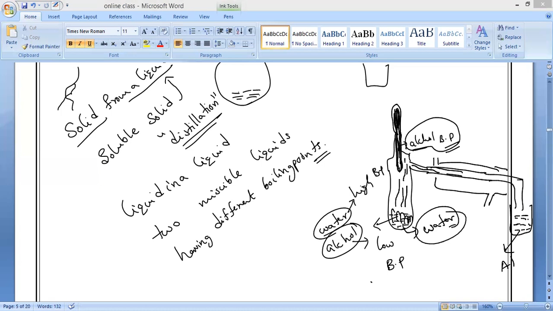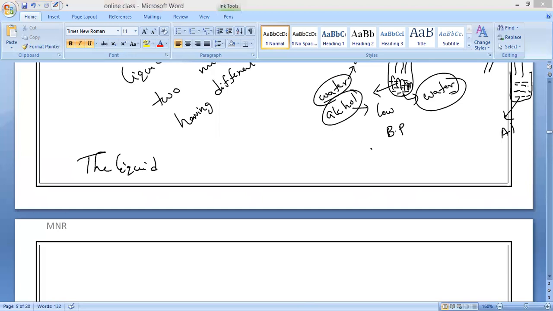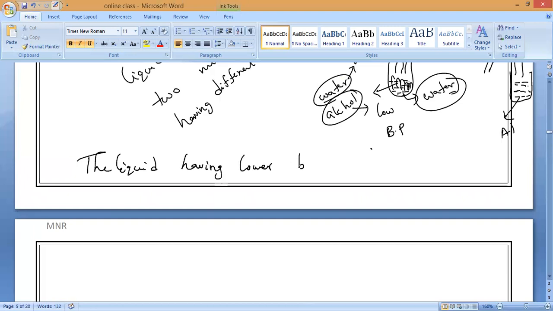The liquid having lower boiling point distills over first.